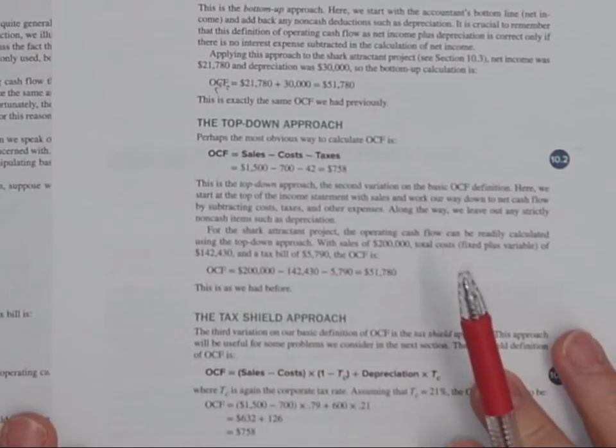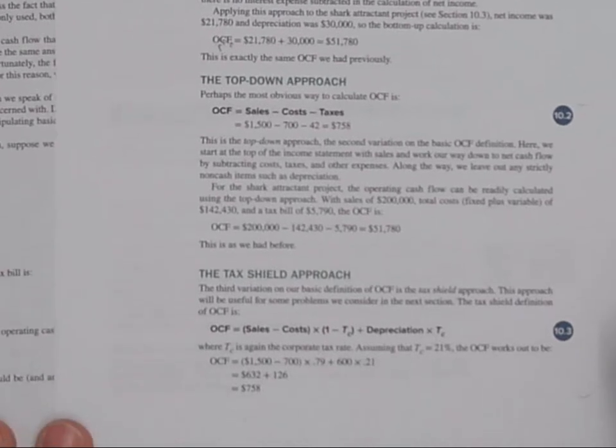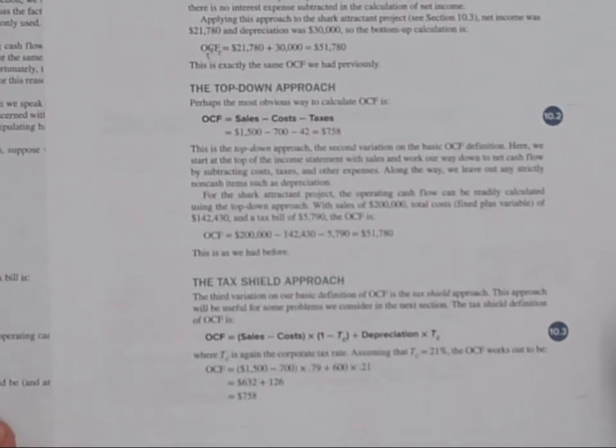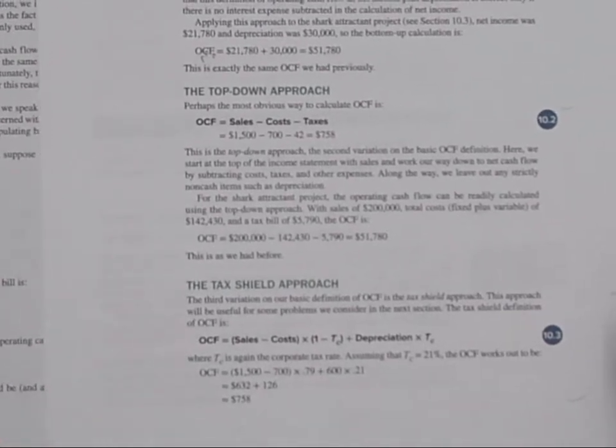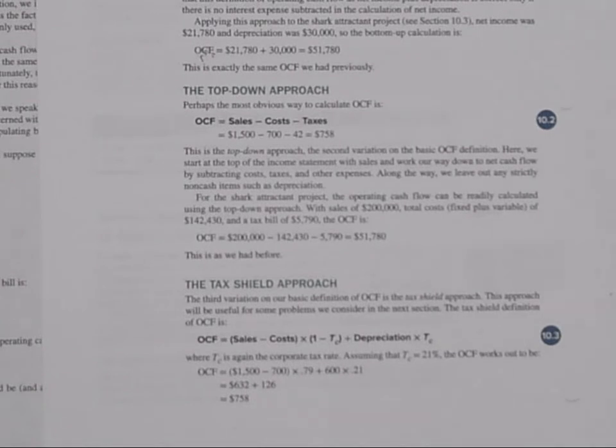Finally, we have the tax shield approach. And the tax shield approach is used to acknowledge the effect of depreciation. That is, depreciation gives us a tax benefit. It's not a cash flow itself, but it does give us a tax benefit because we get a deduction from it.